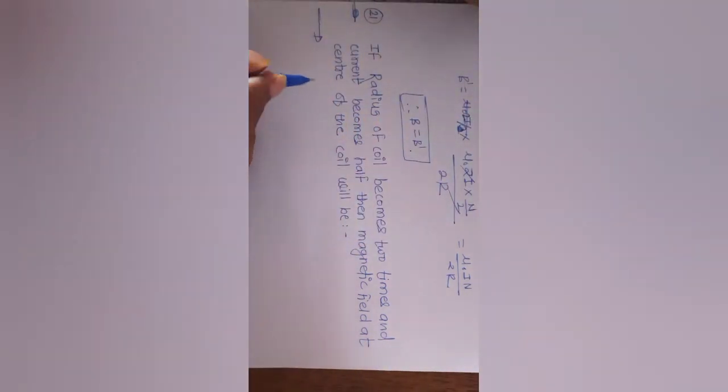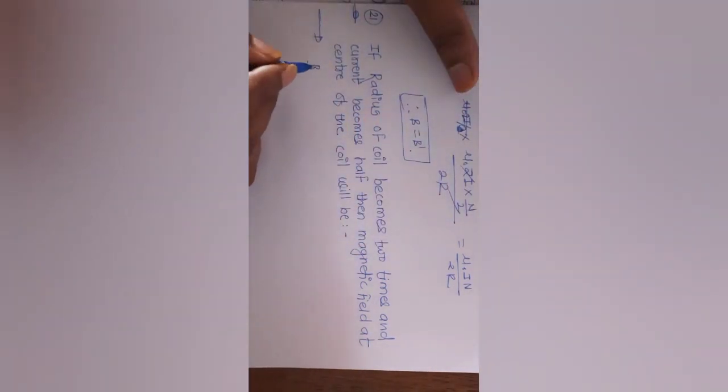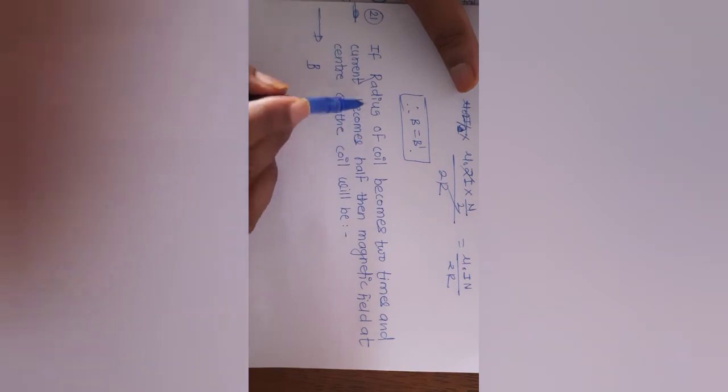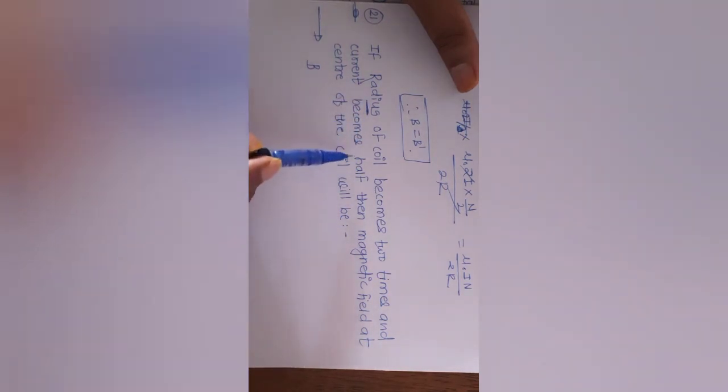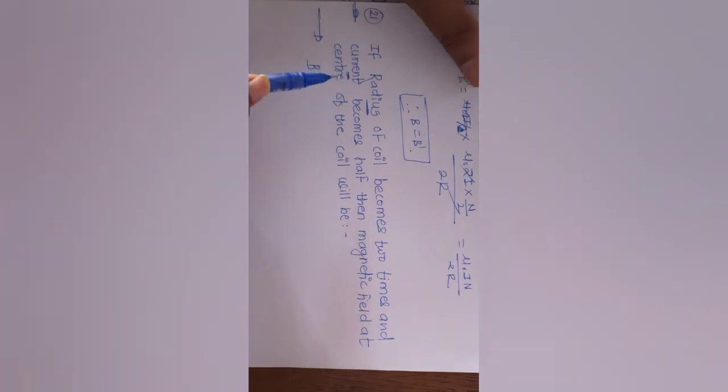So same formula here. Radius is going to change and current is going to change. So B is equal to mu 0 I upon 2r, there is no number of turns so we don't take this quantity, and B dash is equal to mu 0 I dash upon 2r dash.